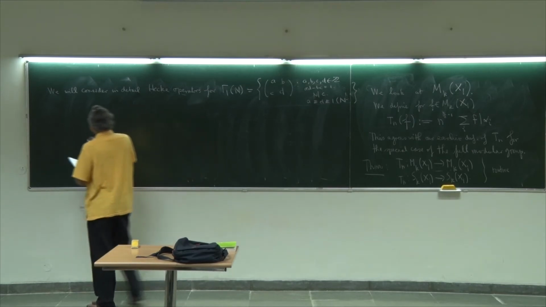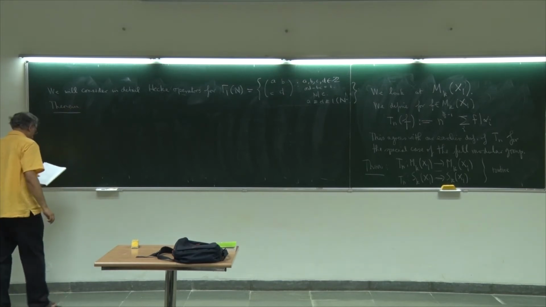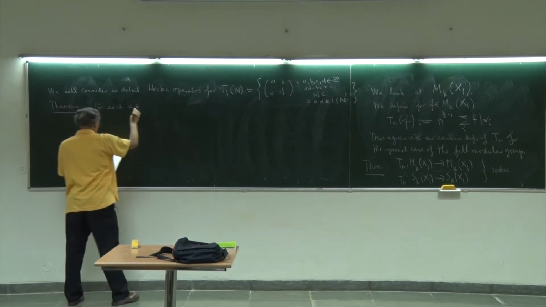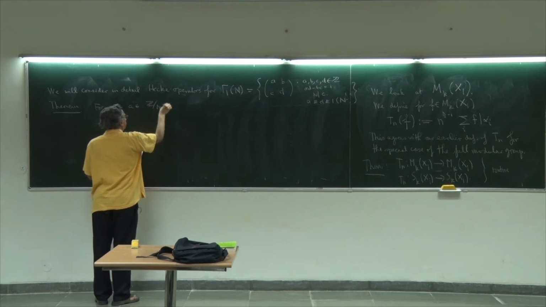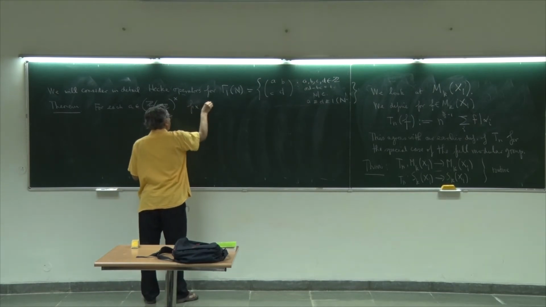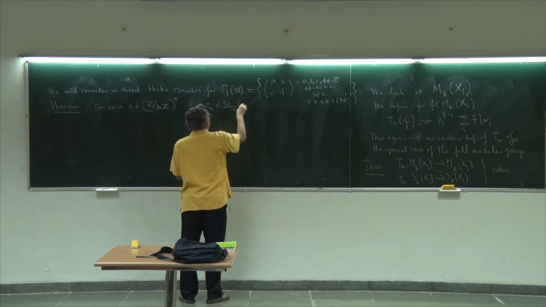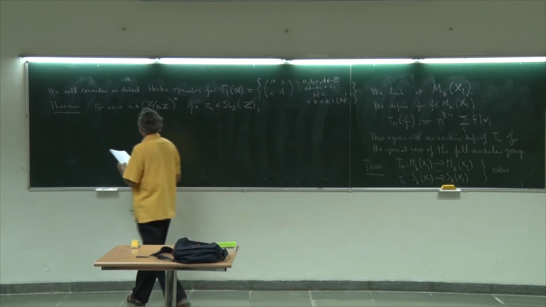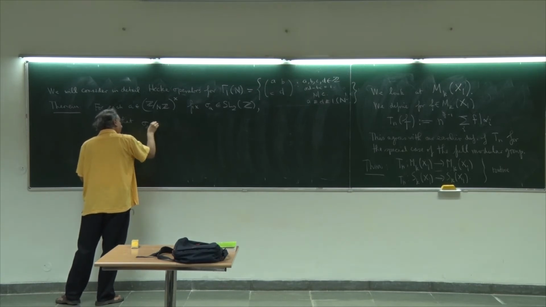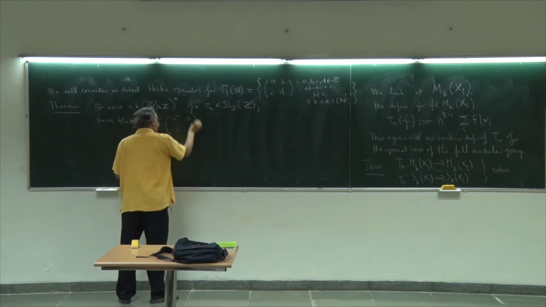So here's the theorem. For each A in Z mod n Z star, fix a sigma sub A in SL2Z such that sigma sub A is congruent to A inverse 0, 0, A modulo n.